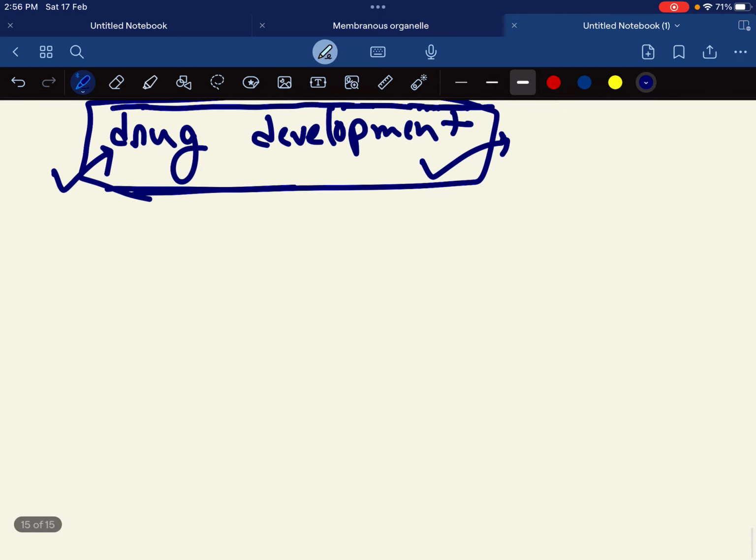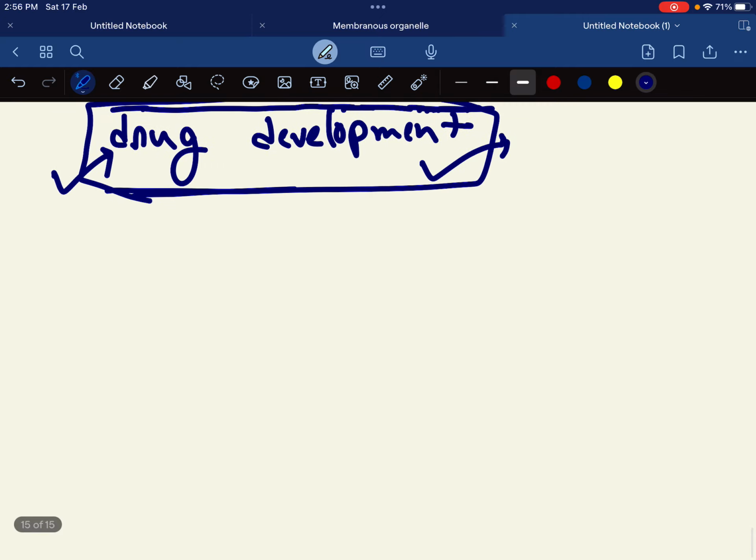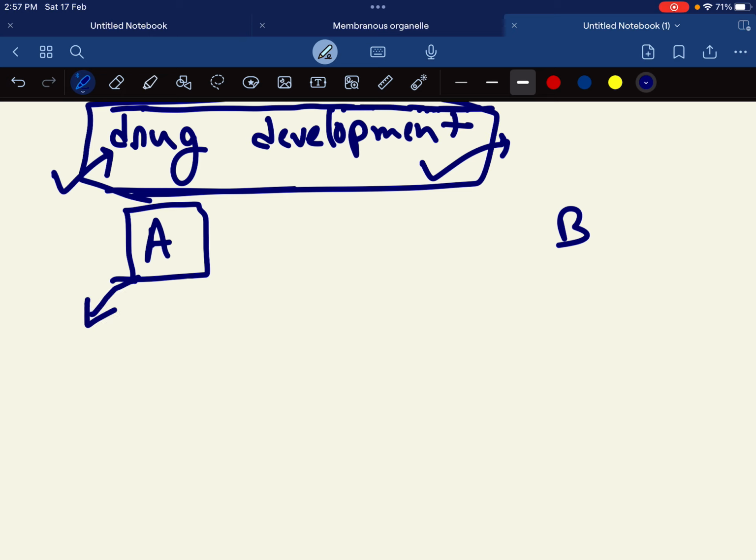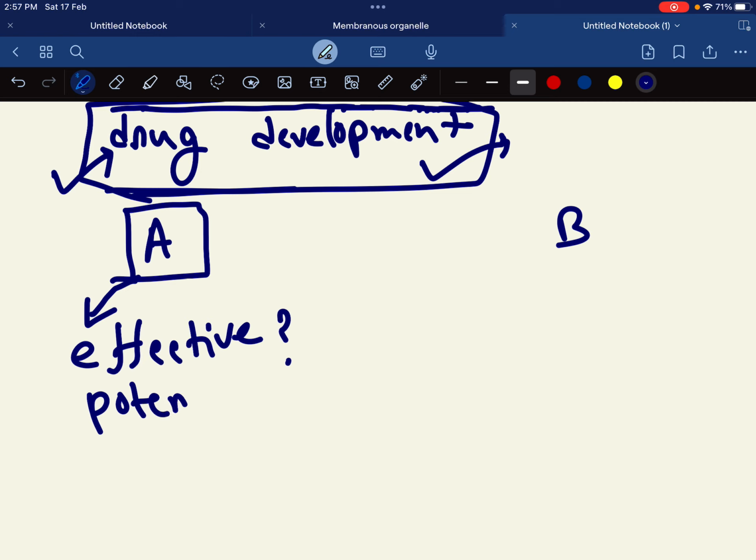So basically we also consider different types of drugs. Suppose I have got two drugs, drug A and drug B. Now I want to check which drug is more effective, which drug is more potent, which drug is more selective.